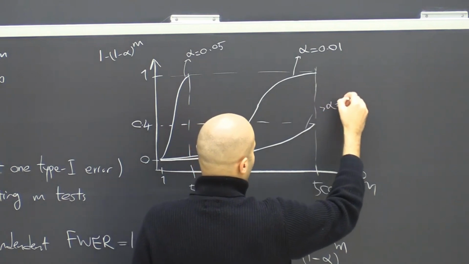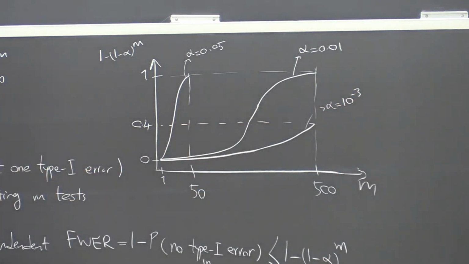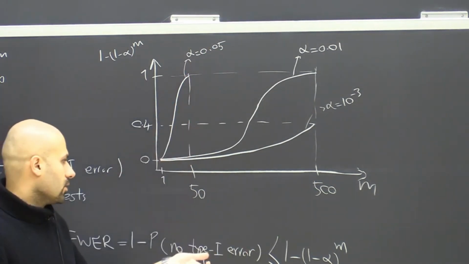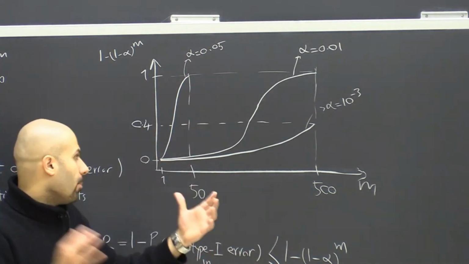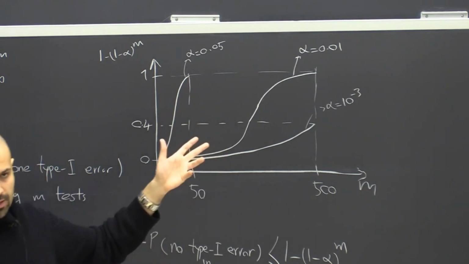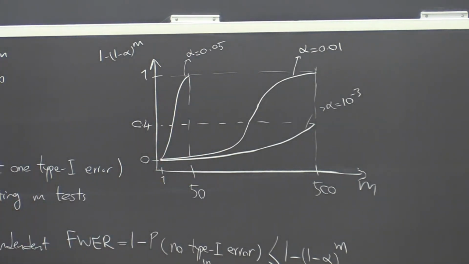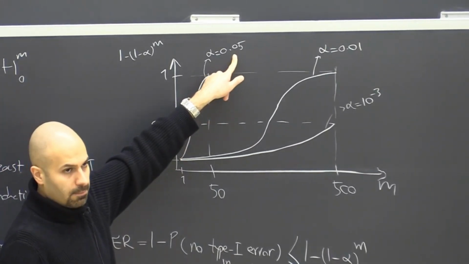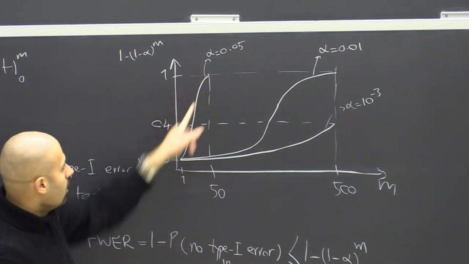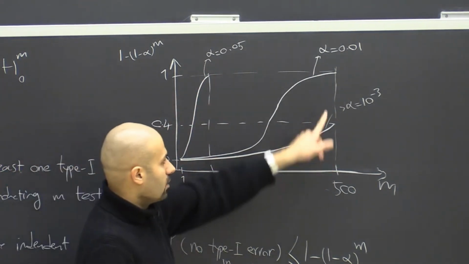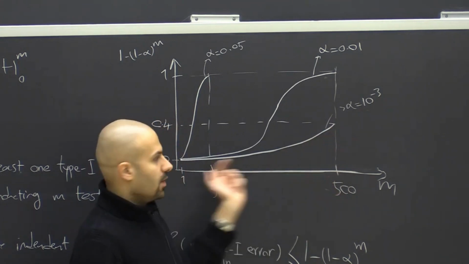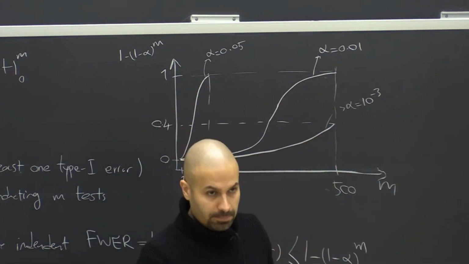So regardless of how strict we are in terms of our tolerance for type 1 error, when we are conducting m tests, these errors compound, and our family-wise error rate, which is the probability of making at least one type 1 error, will be much, much larger than alpha. For example, instead of 5%, with just 50 tests, it becomes almost 1. Instead of 1%, with 500 tests, it becomes 1. Or instead of 10 to the minus 3, if we have 500 tests, it becomes 40% error.